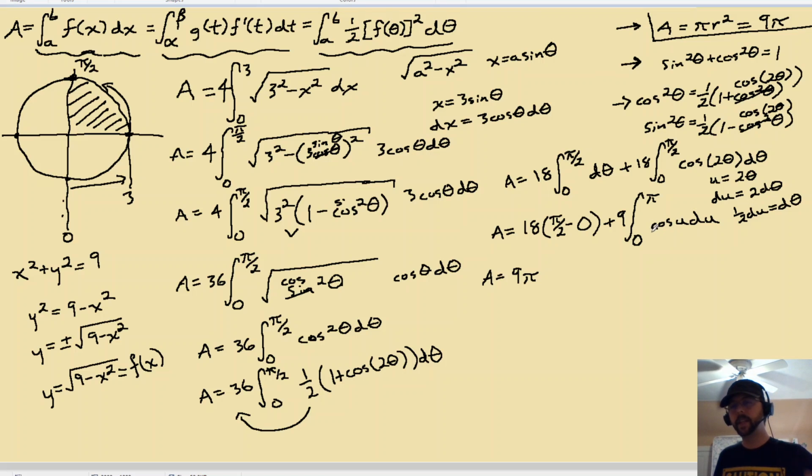So the antiderivative of cosine of u is sine of u, because the derivative of sine is cosine, so the sign doesn't change. So plus 9 sine of u evaluated from 0 to pi.